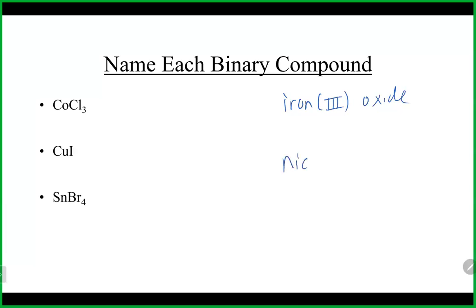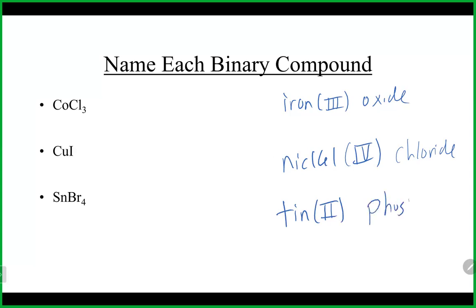Let's do nickel(IV) chloride. Go tin(II) phosphide. All right, so names on the left and proper formulas there on the right.